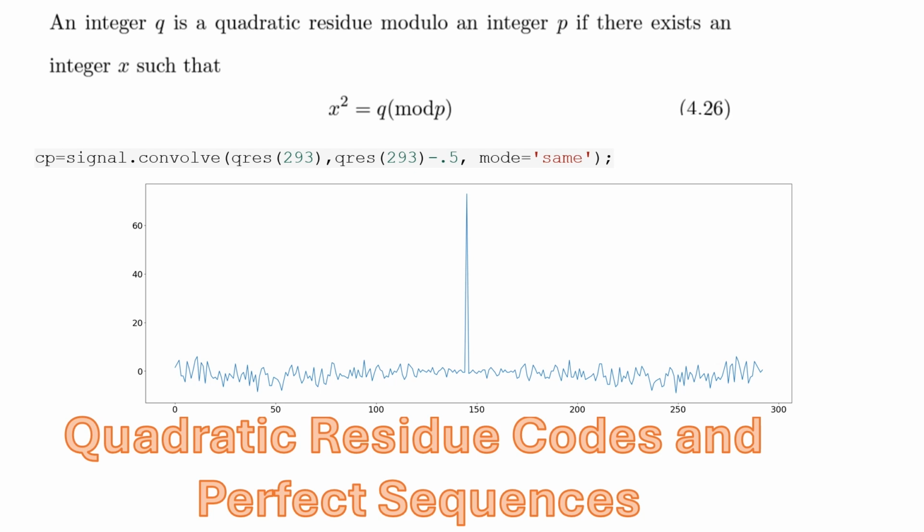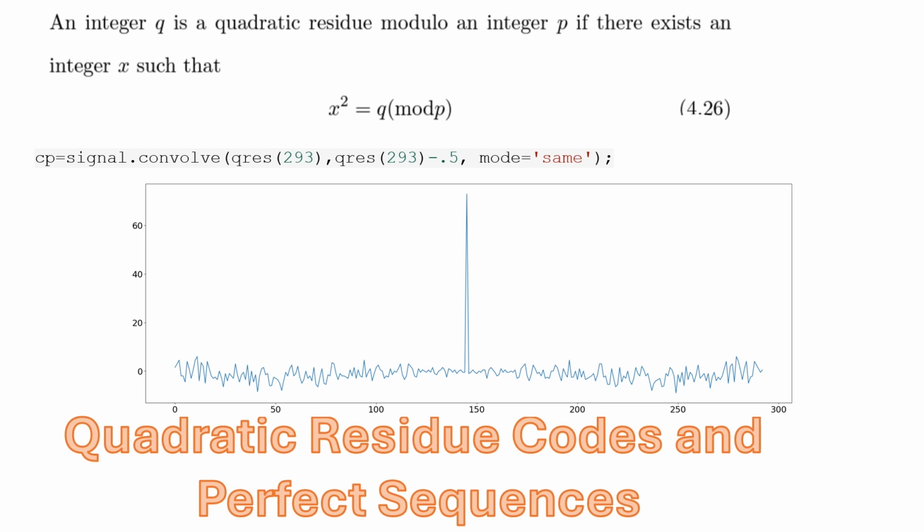The idea of a code that when convolved with itself produces a delta function is called a perfect sequence. These quadratic residue codes are not quite perfect sequences, but they turn out to be something close. The integer p doesn't have to be prime according to our definition, but if it's not prime, then the code will not have this same structure.